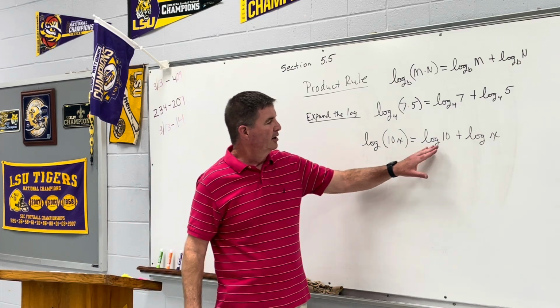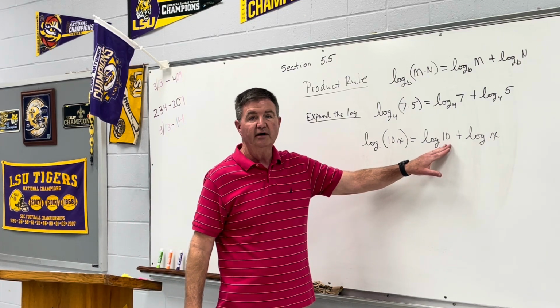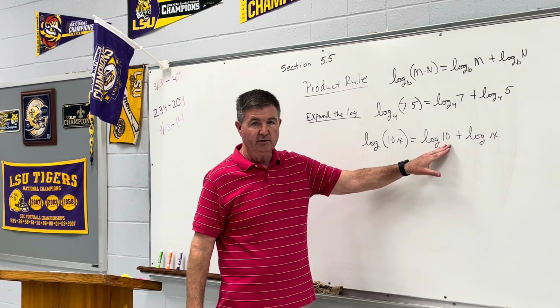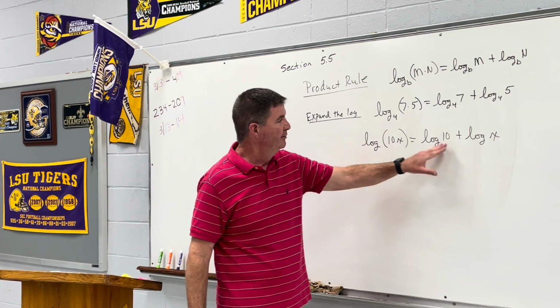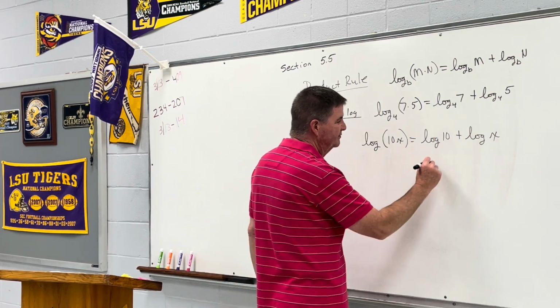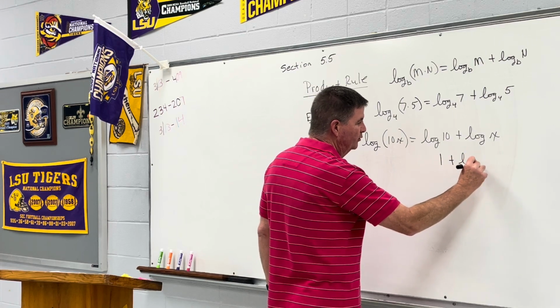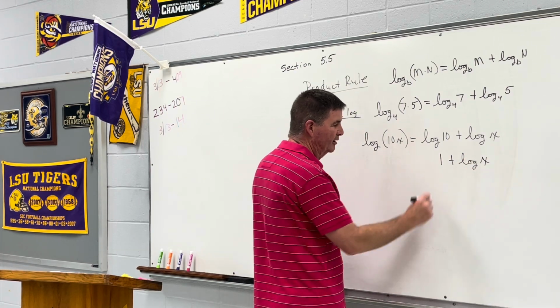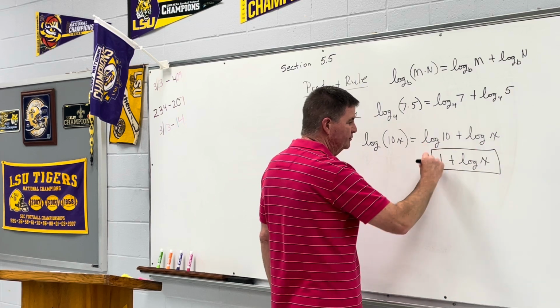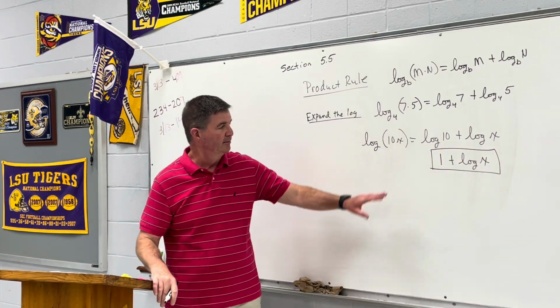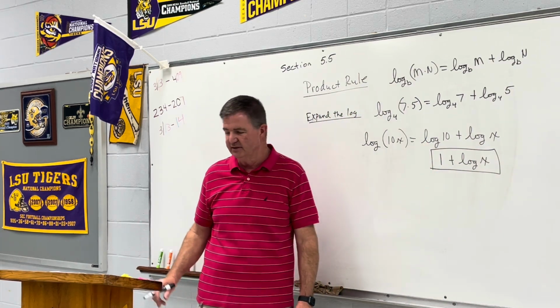However, log of 10 is one of the general log properties we looked at. Log of 10 is 1. So we would have to simplify it to 1 plus log of x. This is what we'd have for the answer. It must be written in as simple terms as possible.